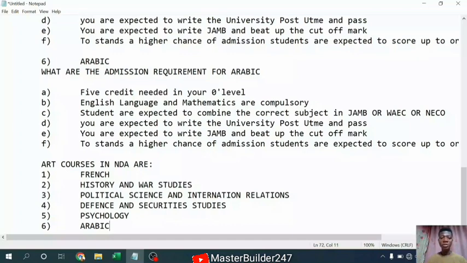Okay, I hope I'm not fast. You can just go through the video over and over again. So also you are expected to write JAMB and beat the JAMB cutoff mark. To stand a higher chance of admission, you are expected to score up to or above 200 in JAMB. It's very, very important. Okay, and that is the end of our video for today.